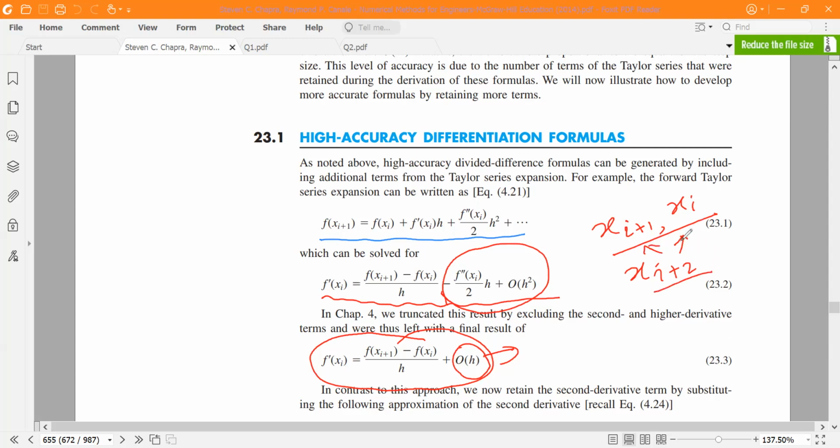By calculating the first derivative, one between xi plus 1 to xi, another between xi plus 2 to xi, then we can combine them together to find the second derivative. Can we do that? Yes, sir. It is there in your chapter 4. Okay. So once this is available with us, can't we add them here? Yes, sir. Then that will give you another version of your first derivative, isn't it? Yes, sir. More precise, more accurate.